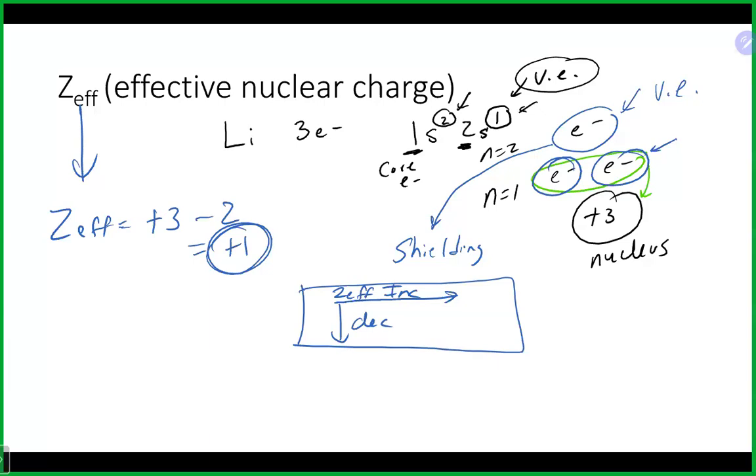So it increases as you go to the right of the periodic table, because atomic number increases as you go to the right, which means there is a greater positive charge in the nucleus to start with, which is going to drag those outer electrons in closer to the nucleus, because they're starting with a bigger positive charge, and that's going to result in those outer electrons feeling a larger positive attraction to the nucleus. Any questions on that there?